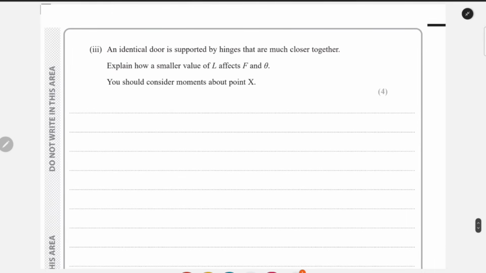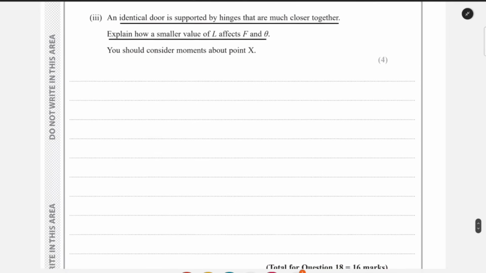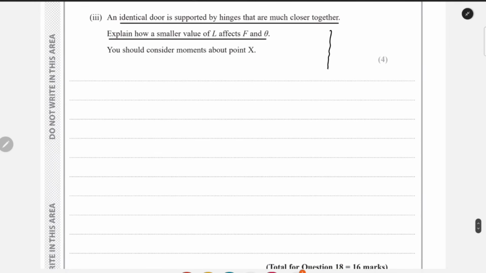In part 3 we have an identical door that is supported by hinges that are closer together. We have to write down and explain what the effects of this new value of L would change F and theta by. So this was our door.